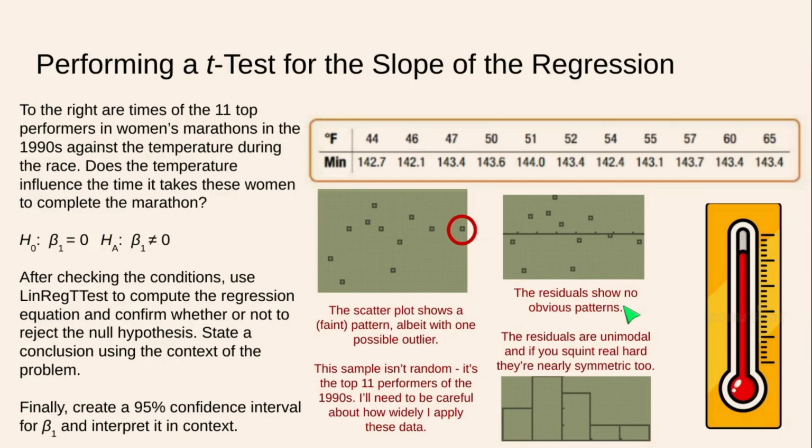That checks off the random residuals condition and the humorously named does the plot thicken condition. Can't really argue for either a pattern in the residuals or a thickening plot. The residuals are unimodal, and if you squint really hard, they are nearly symmetric too, without any real outliers to speak of.